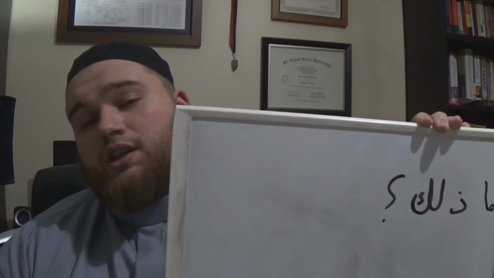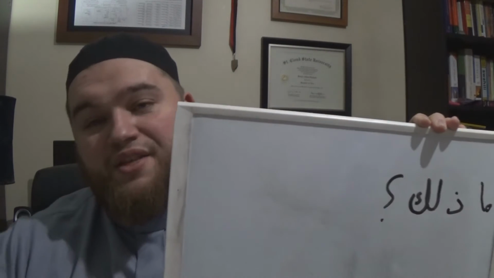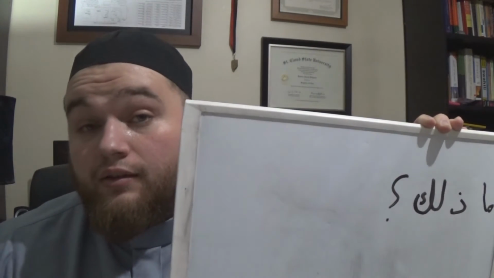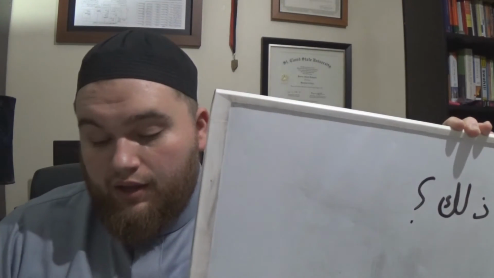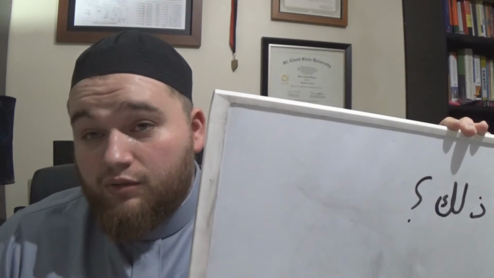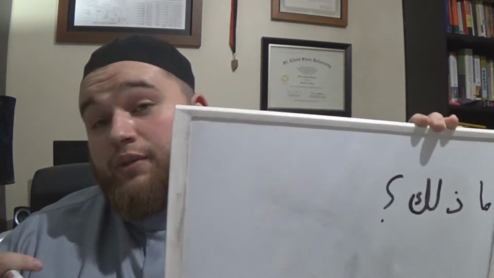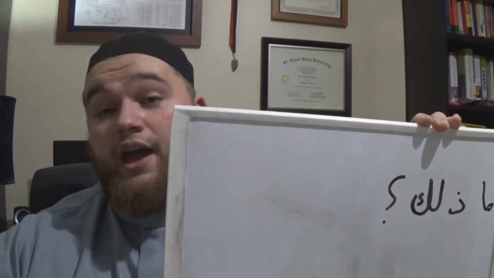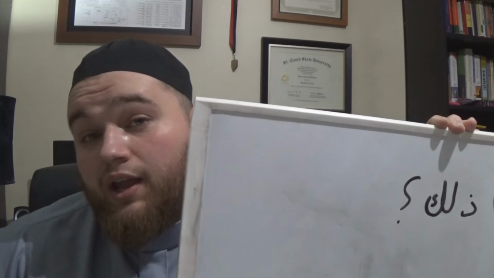ذلك means that. We did this, now we're talking about that. So what's that? I believe that Arabic is just like English, where this refers to something in close proximity to your body, and that is something a little bit farther away.